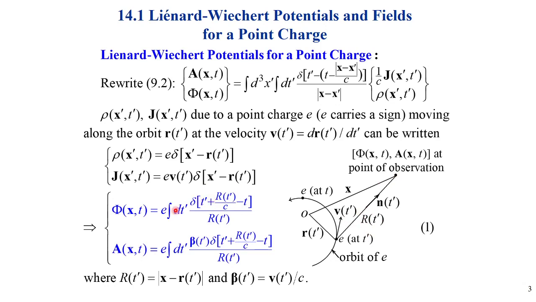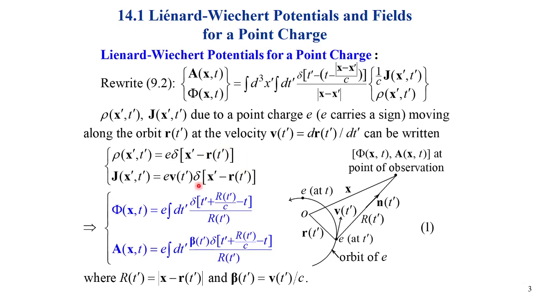Okay, so rho of x, t can be written in this form: charge times delta function. Charge density, that's the charge density. e v delta, that's the current density. So we can express it in this form. Only when x prime equals r of t prime do we get a value.